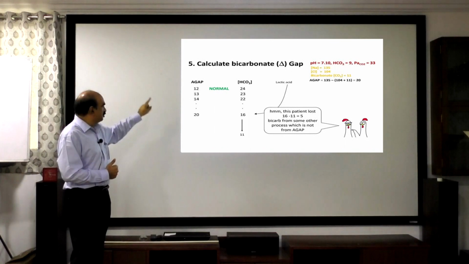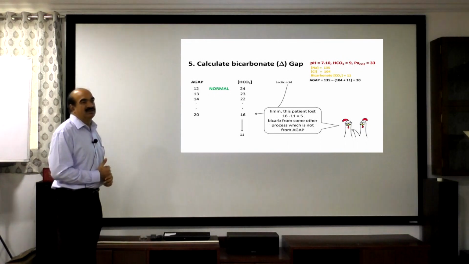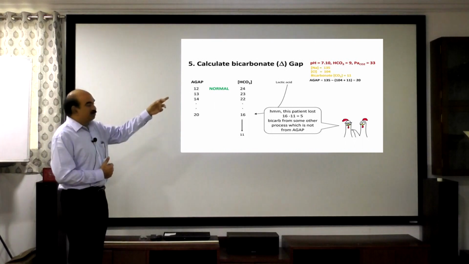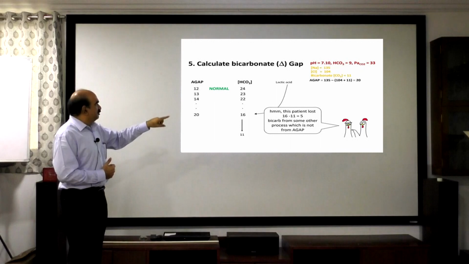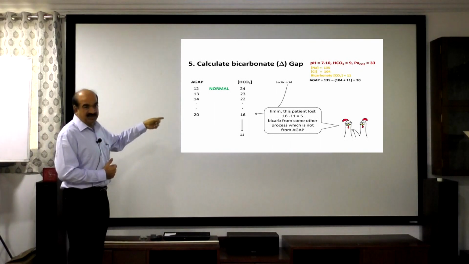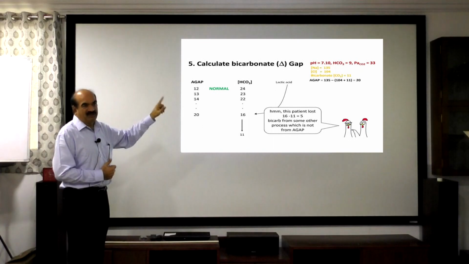Okay. But here, what is the bicarbonate level? It is 11. With that high anion gap, we expect bicarb to be 16, but here the measured bicarb is 11.